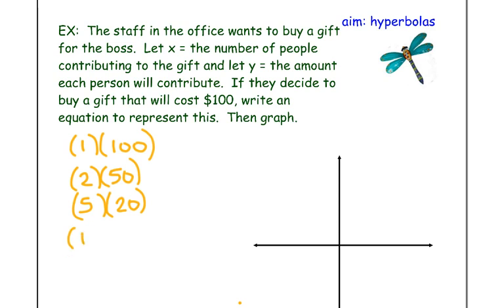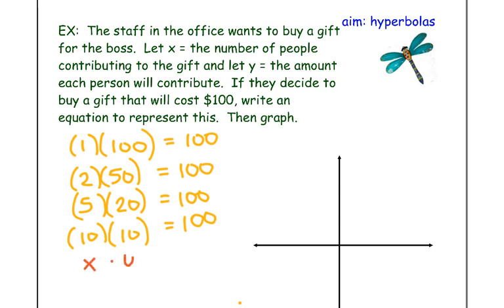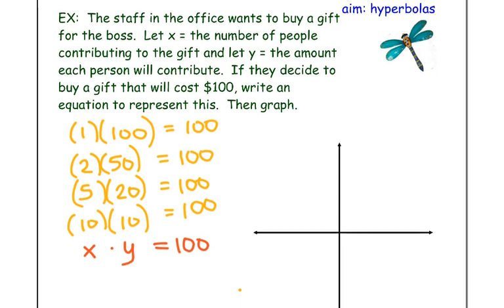If you had 10 people, then it would cost $10 per person. So in every case here, your constant should be 100. So looking at what you wrote, if x is the number of people contributing to the gift, and y is how much each person has to contribute, then your equation needs to be x times y equals 100.